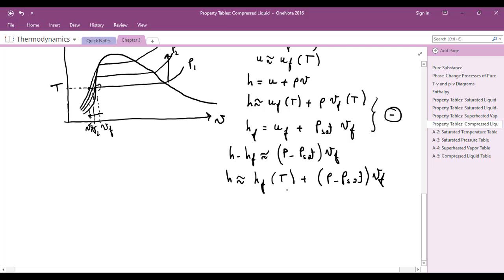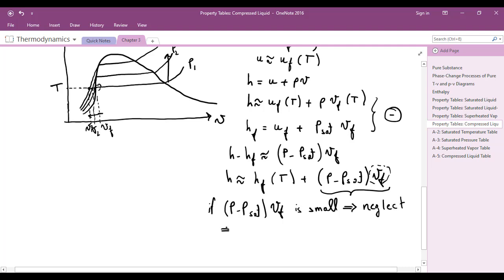For the enthalpy, as you notice, we have this additional term. If this additional term, P minus P sat times the specific volume Vf, is small, and usually it is a small value since Vf is small, then we can neglect this term and say that the enthalpy H is equal to Hf at T.